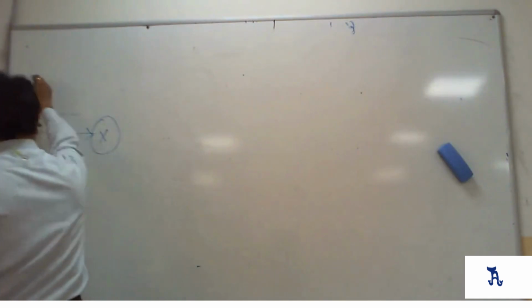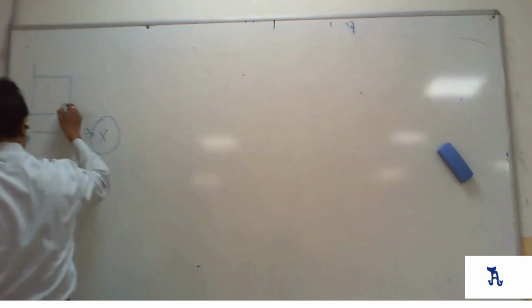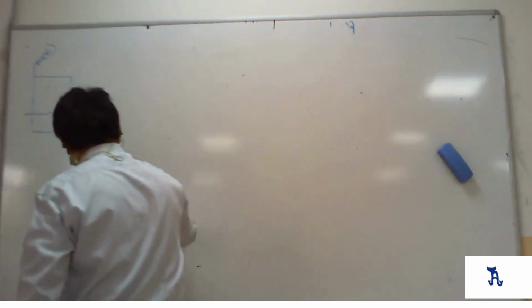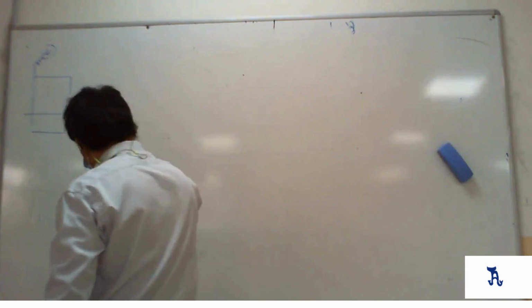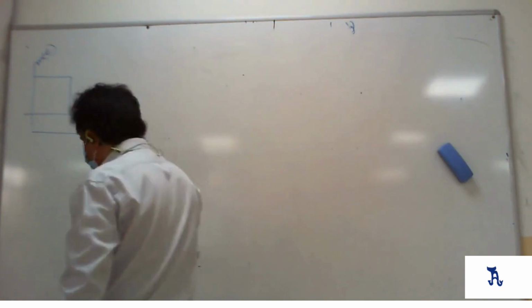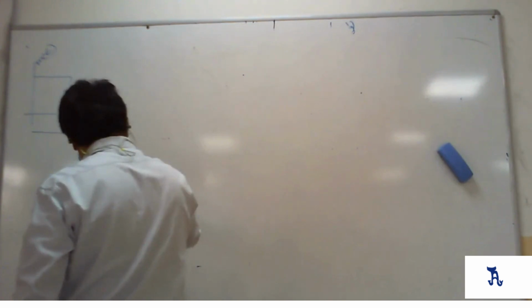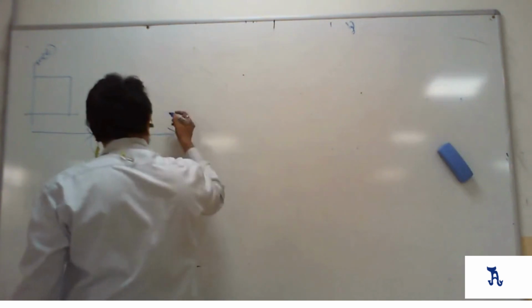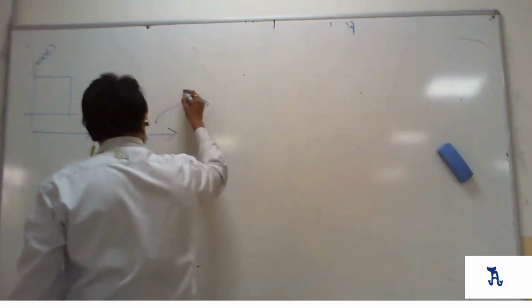Suppose the input M of t is a rectangular window. Now I will write cos 10,000 pi t. Now draw the spectrum at this point.